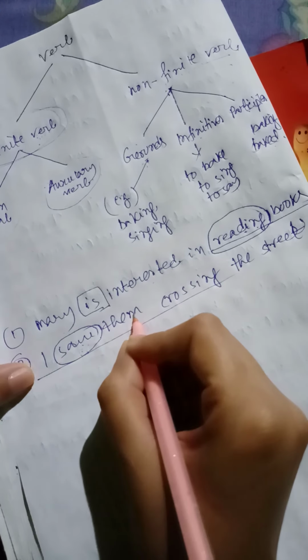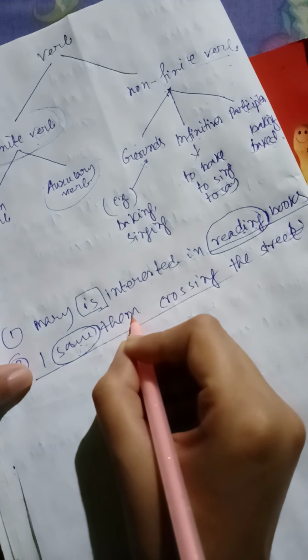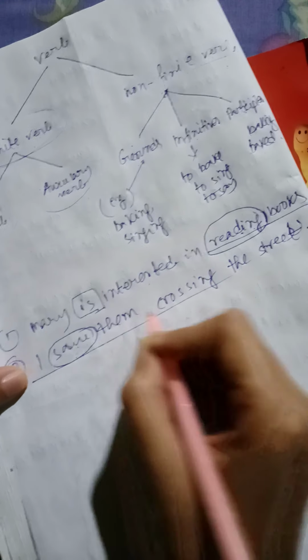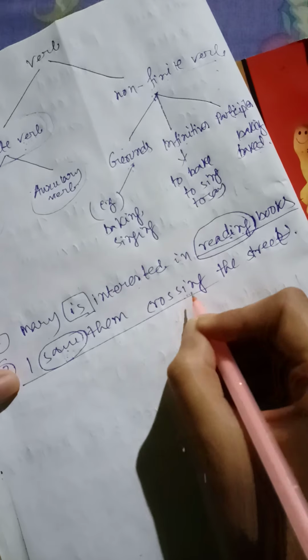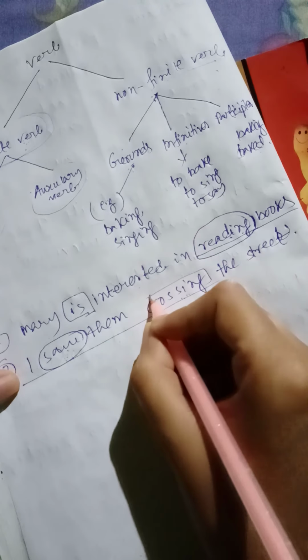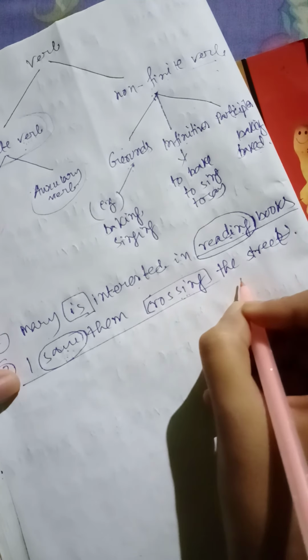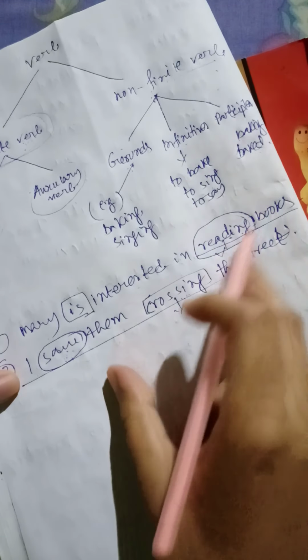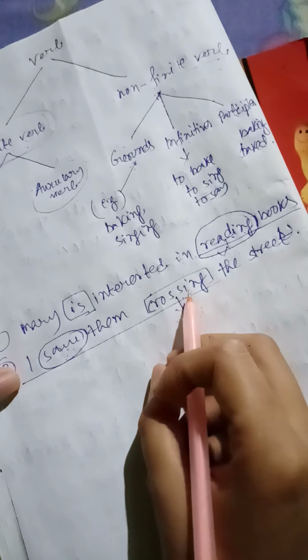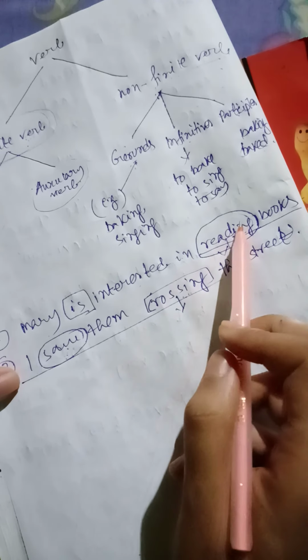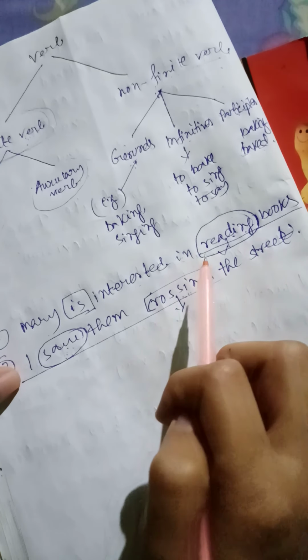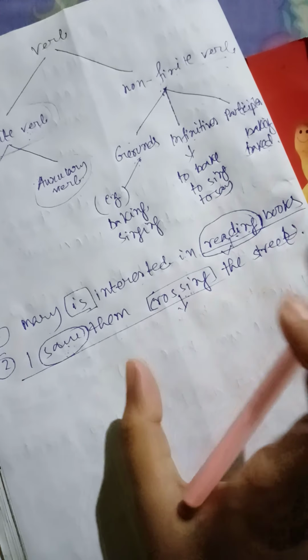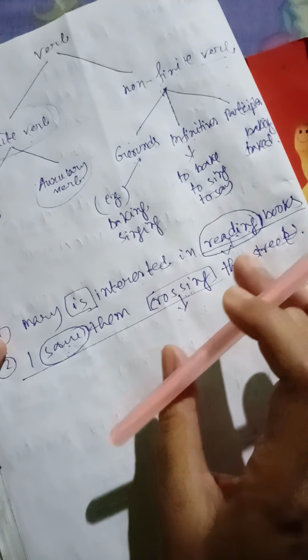I saw them. But you cannot say this sentence is in past indefinite tense by looking at this form of verb, that is crossing. Got it? So this type of verbs are called non-finite verbs, which are used in a sentence as adjectives, as adverbs, as nouns, okay, but not as a verb. Got it? I think it's clear to you.